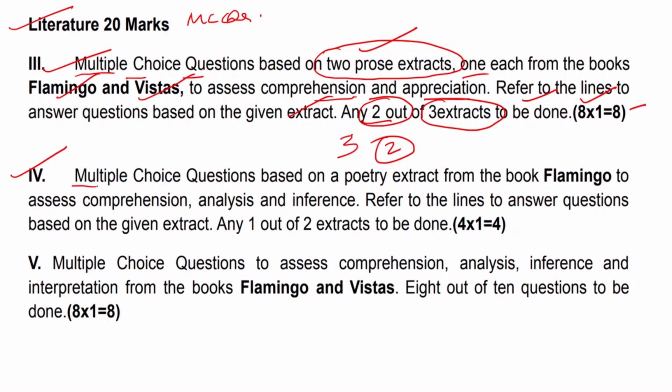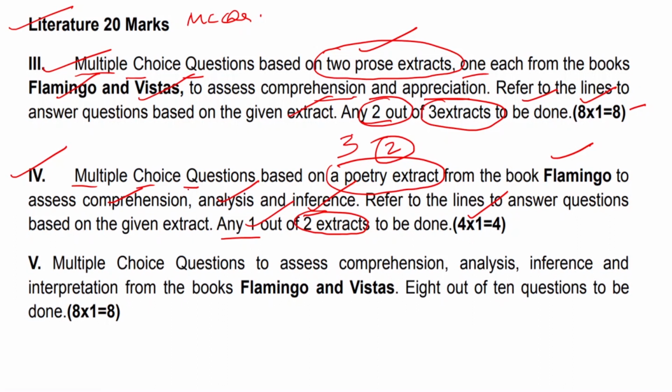Fourth question, multiple choice questions based on a poetry extract from the book Flamingo to assess comprehension, analysis, and inference. Refer to the lines to answer questions based on the given extract. Any 1 out of 2 extracts. Here also you will be given 2 poetry extracts. You have to answer any 1 of the 2 and it carries 4 marks.